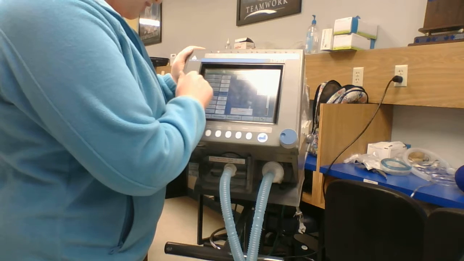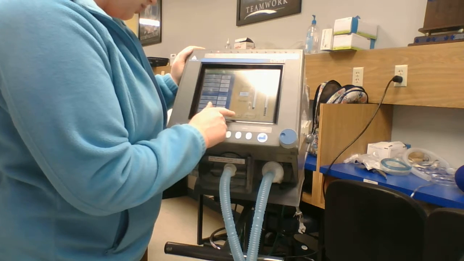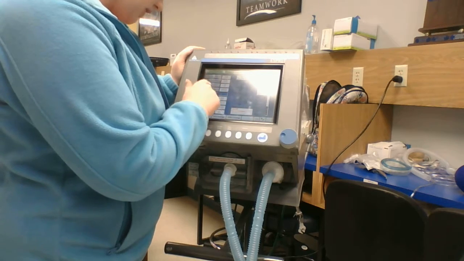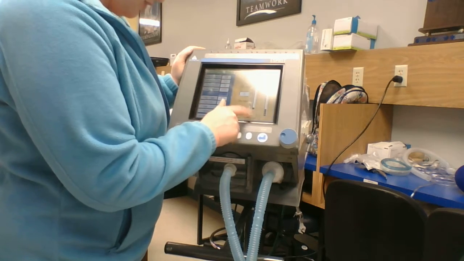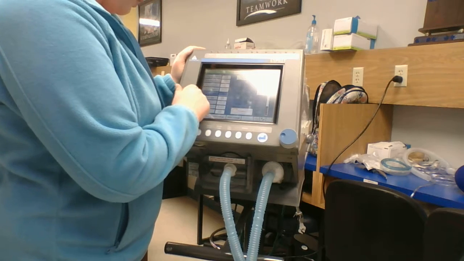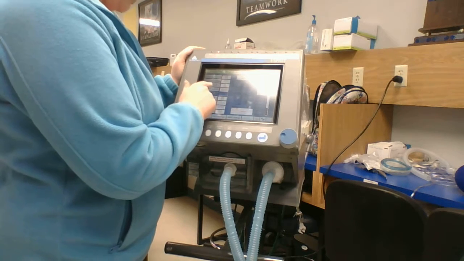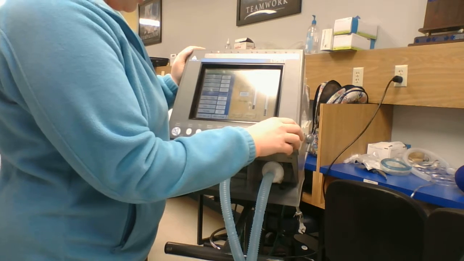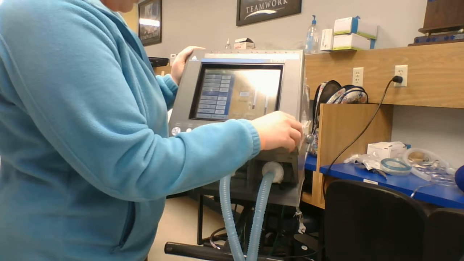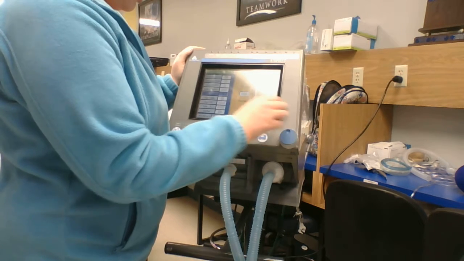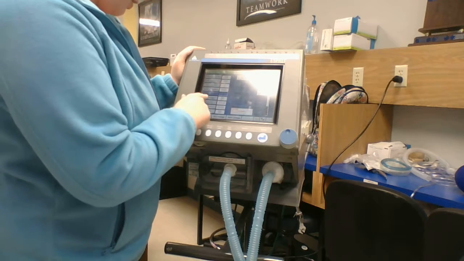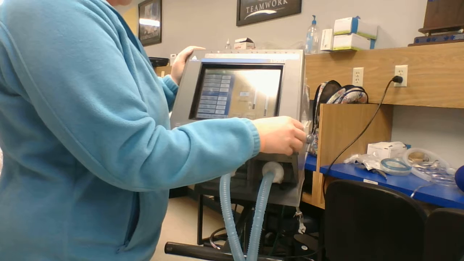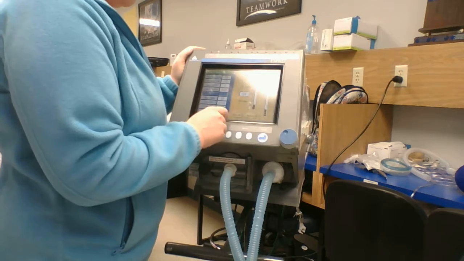And then my low inspiratory pressure, so my PEEP, I'm going to have a low of 2, low volume, tidal volume mandatory, we will turn that down to about 325. My high rate, I'm at 12 breaths per minute, so I want that at about 10 above, so 24.